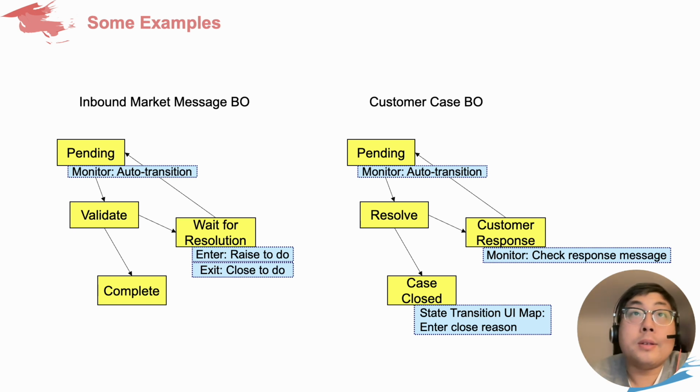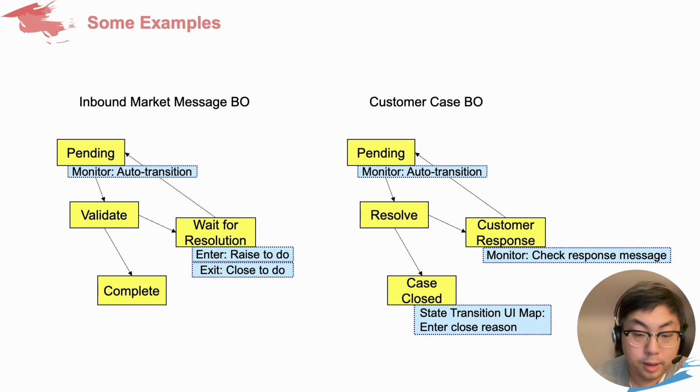One thing I've seen is a lot of people put a monitor algorithm onto the waiting for resolution state, and that is against the purpose of waiting for resolution. Because if you put a monitor algorithm there, that means automatically it's just going to get raised, but you only have a very short window until the next batch run, and then when the next batch run, you just do the exit.